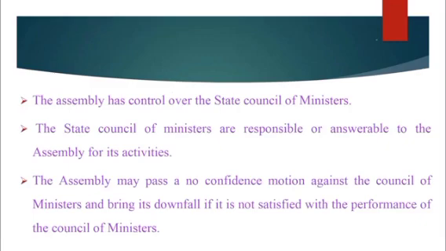The Assembly has control over the State Council of Ministers. The State Council of Ministers is responsible or answerable to the Assembly for its activities. The Assembly may pass a no confidence motion against the Council of Ministers and bring its downfall if it is not satisfied with the performance of the Council of Ministers.